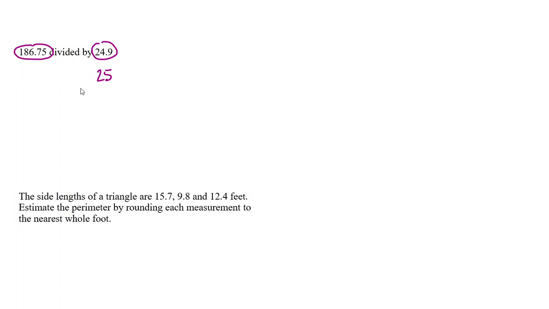But then instead of just automatically turning 186.75 into 186 or 187 or 190, I'm going to say, well, if I'm counting by 25s, then the closest number to 186.75 would be either 175 or 200.